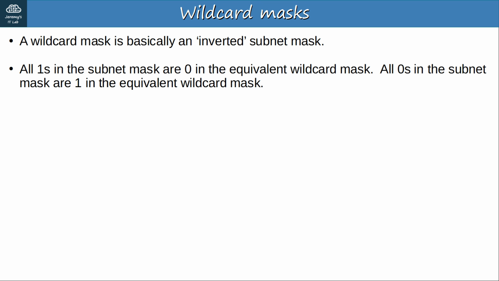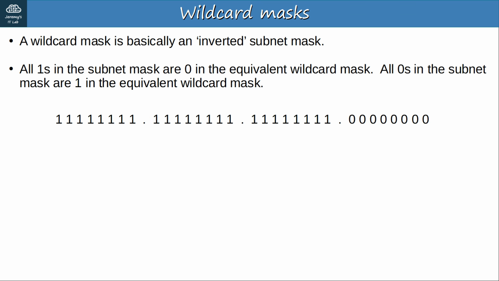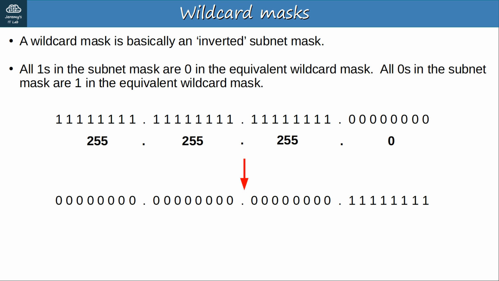Let's take a look. Here's a subnet mask in binary, 255.255.255.0 in dotted decimal. If you invert all of the bits, you get this, 0.0.0.255 in dotted decimal. So that's the wildcard mask equivalent of /24, 0.0.0.255. Notice all of the 1s in the subnet mask have become 0, and the 0s in the subnet mask have become 1.